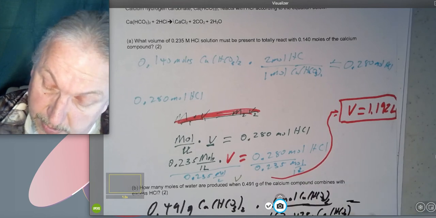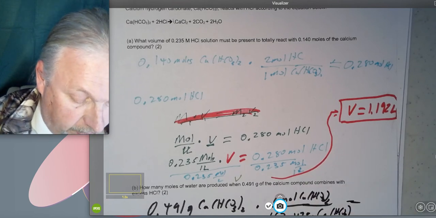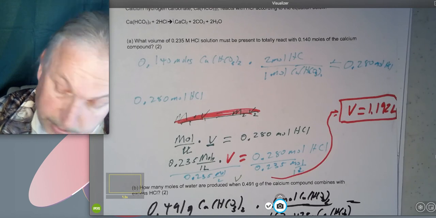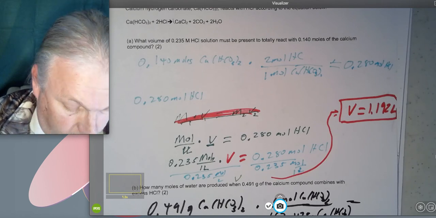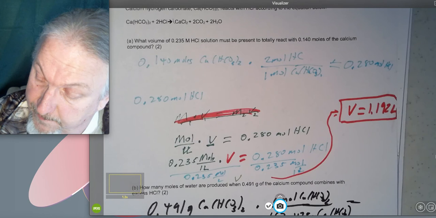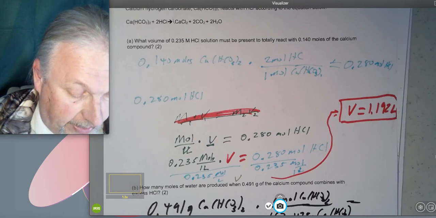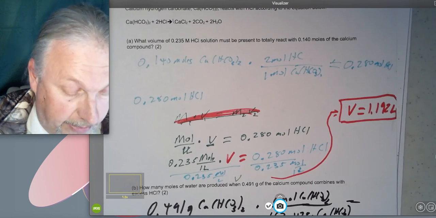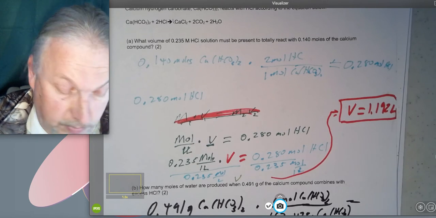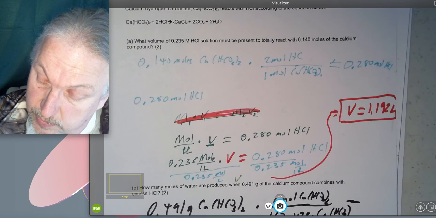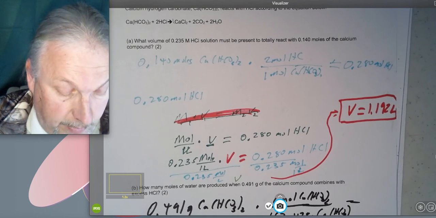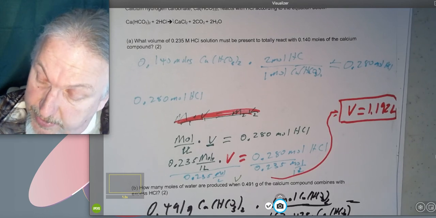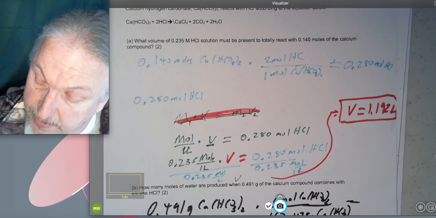Notice I'm not rounding it, because I want to make sure that as much of the error as possible is gone. So 0.491 divided by 162.1178, I get 3.029 times 10 to the minus 3 moles of calcium bicarb.